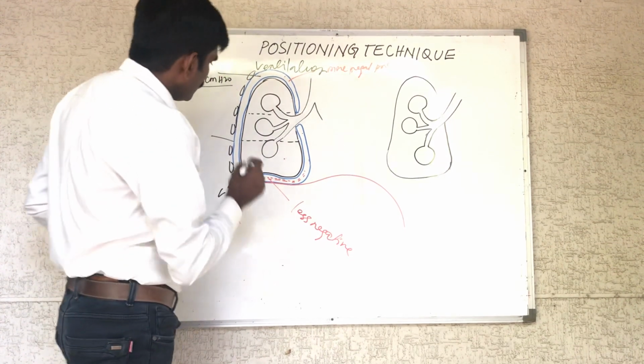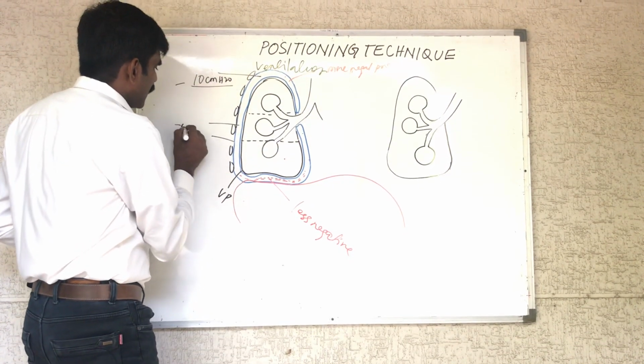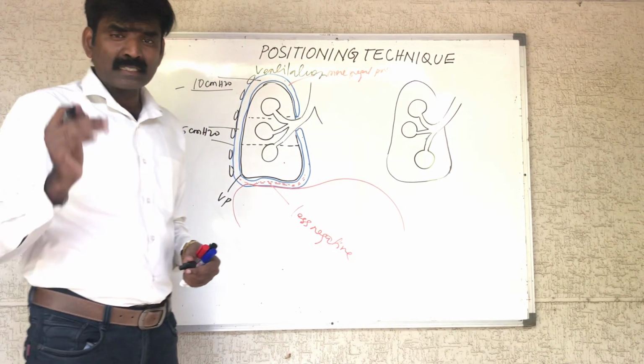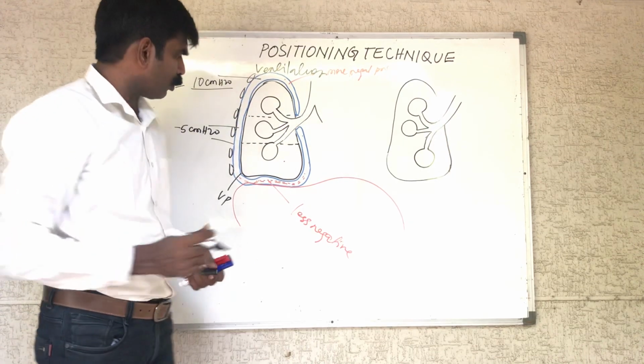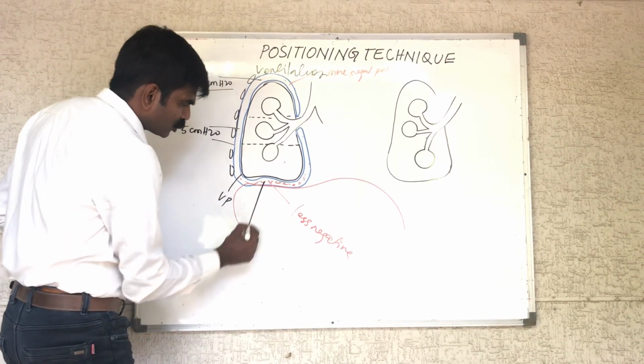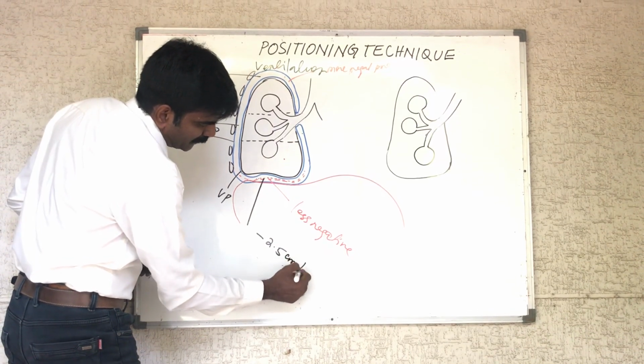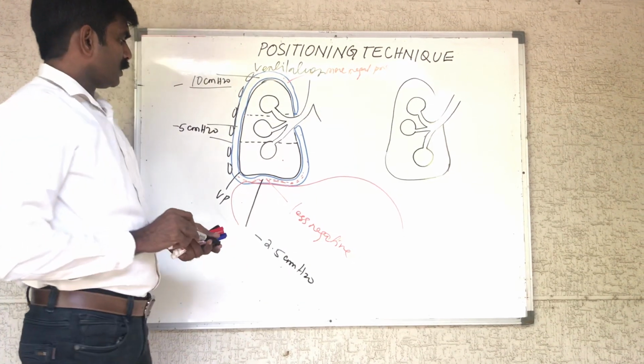In the middle zone, it is about -5 centimeter of water, which is less negative compared to the apical lobe. And in the lower zone, it is about -2.5 centimeter of water.